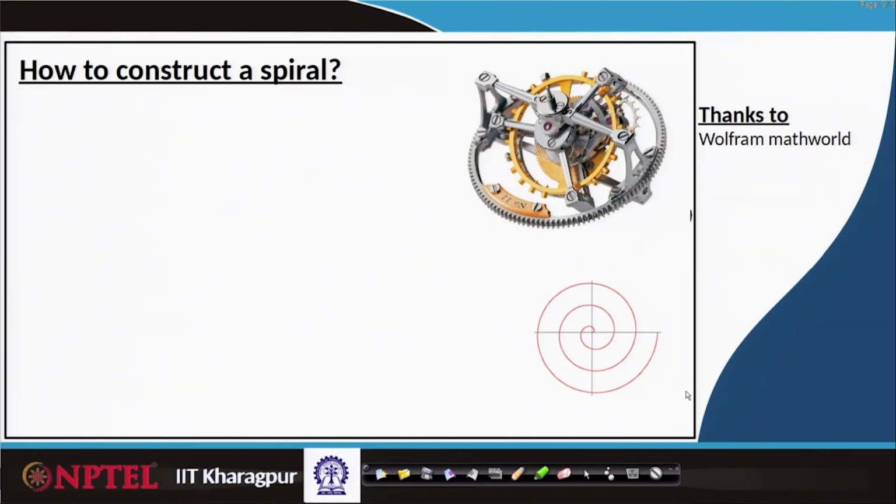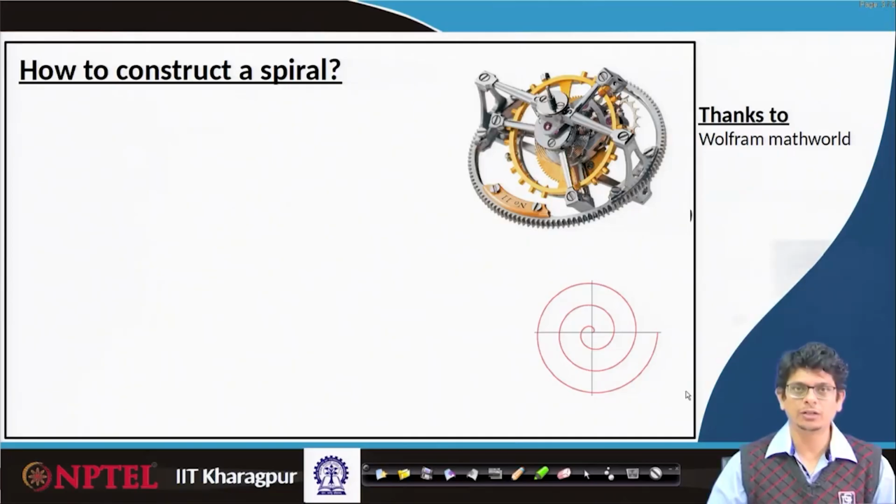For example, your door damper also contains a spirally wound spring; by applying forces it gets stretched, and when it wants to close or restore the torque, it comes back to its original position. So, we come across spiral springs in machine elements. The first question is how to construct such spirals on sheets.